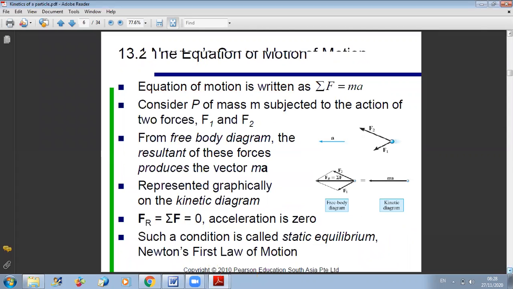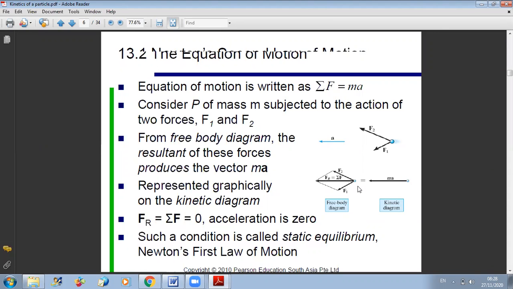Now, for the equation of motion, we said that the second law of Newton states that the sum of forces equals ma. Okay, and we can represent this by two diagrams: the free body diagram and the kinetic diagram. What is the definition of the free body diagram? The free body diagram represents all forces acting on a particle.